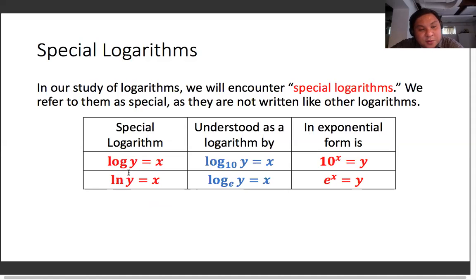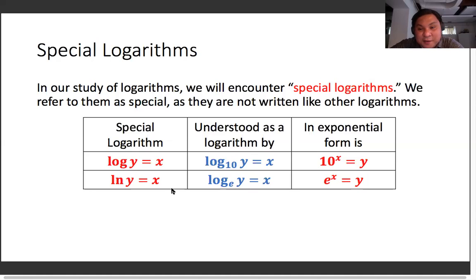So what are the implications of having such logarithmic expressions? If you are dealing with log of y is equal to x, with no base indicated, it is understood that the base is 10. So if you do not see a base, automatically the base is understood to be 10. The reason for this is that this logarithm is based on our numeration system, which is of course powers of 10.